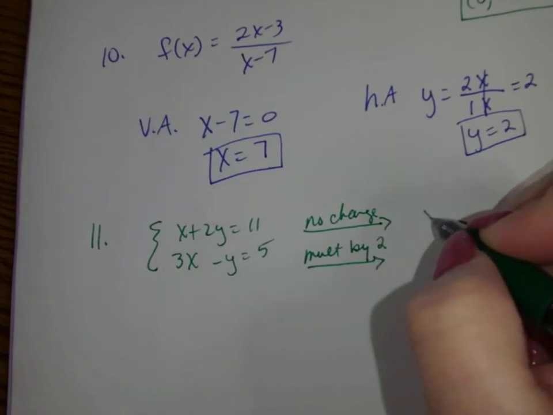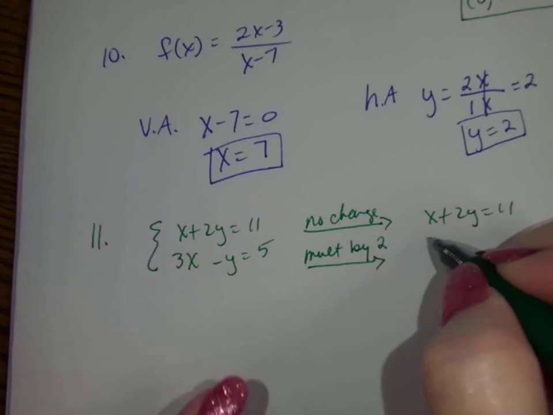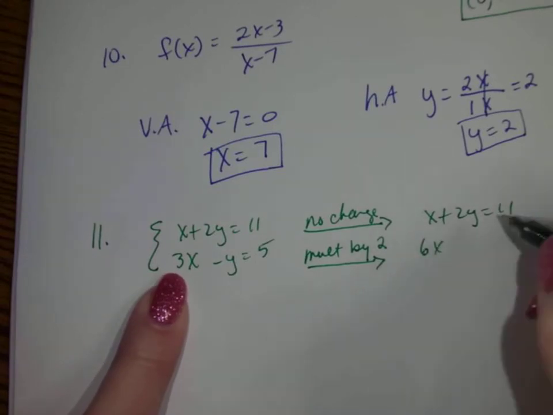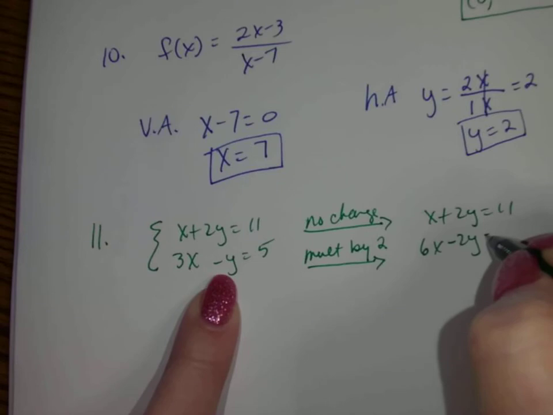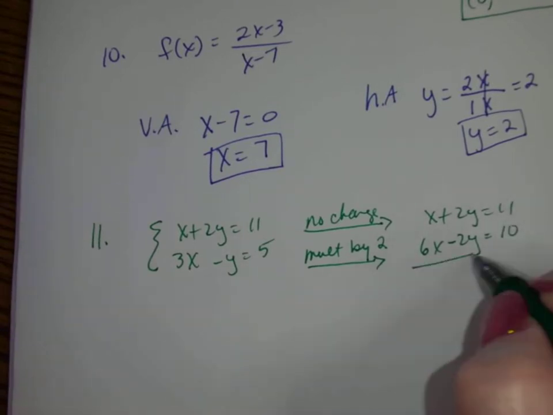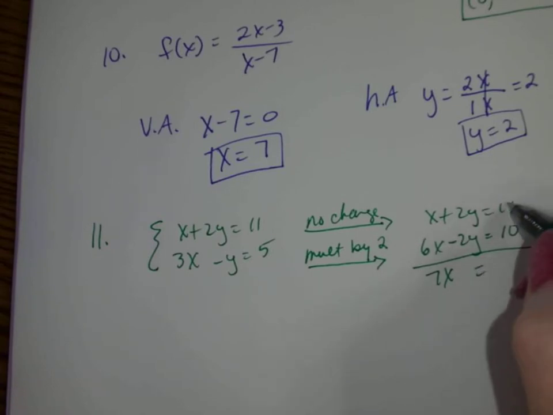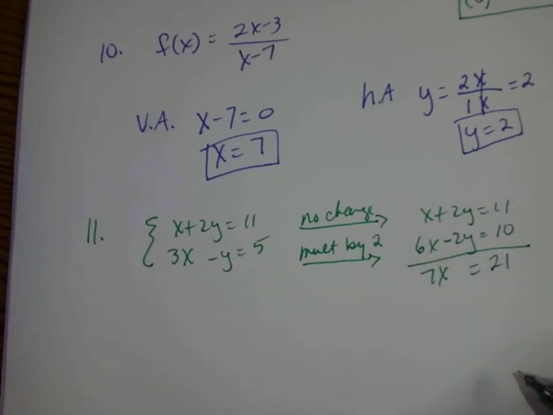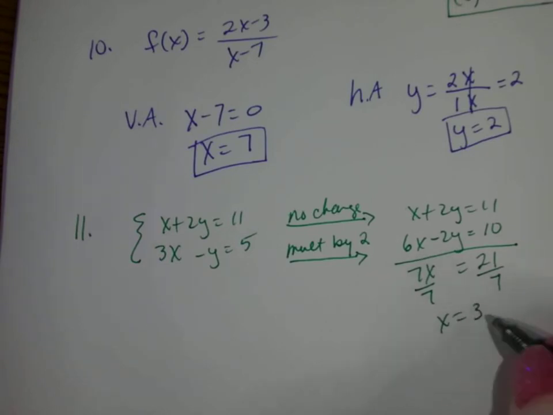So now that will get us x plus 2y equals 11, and 2 times 3x will get us 6x, 2 times negative y will get us negative 2y, and 5 times 2 will get us 10. When we add them, we get 7x, the y's will cancel, equal to 21. We'll divide by 7, and x will be equal to 3.